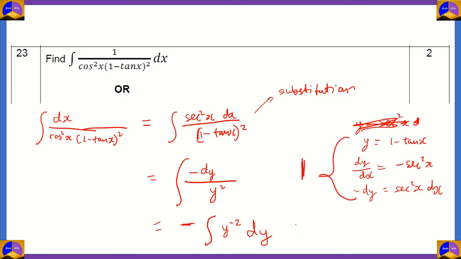Now let's write minus of integral y raised to minus 2 dy using integration. Over here, it's the normal integral x raised to n dx equal to x raised to n plus 1 divided by n plus 1. So this becomes y raised to minus 1, since minus 2 plus 1 is minus 1, divided by minus 1. And then outside there's already a minus. So y raised to minus 1 is 1 by y.